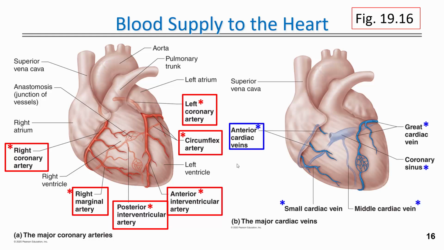needs of the tissues. And that deoxygenated blood will return eventually back to the right atrium through the anterior cardiac veins.